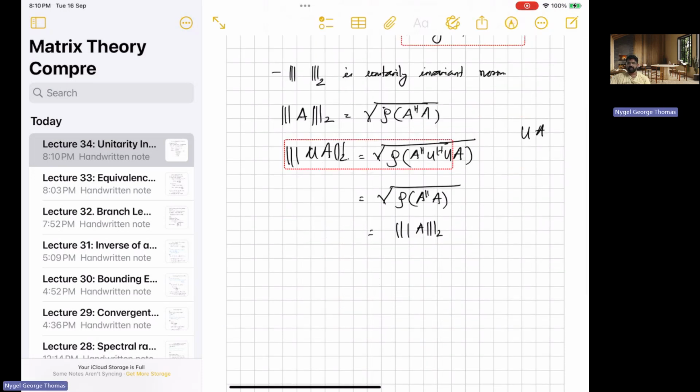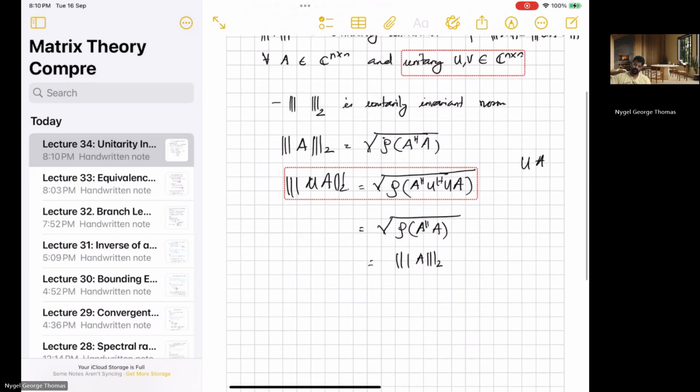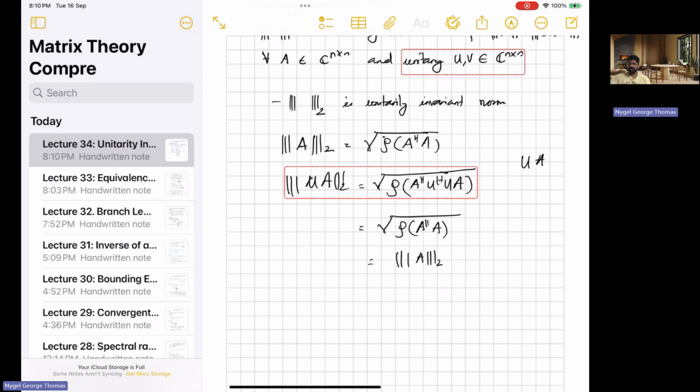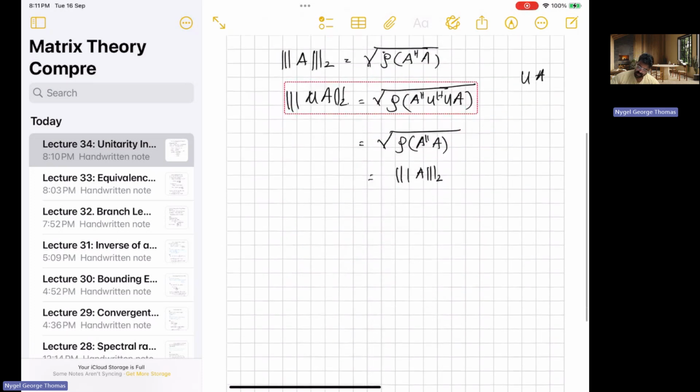This we can prove easily. Similarly, we can prove it for AV as well. So there also it's true. Okay, this is how we can prove it's unitarily invariant.